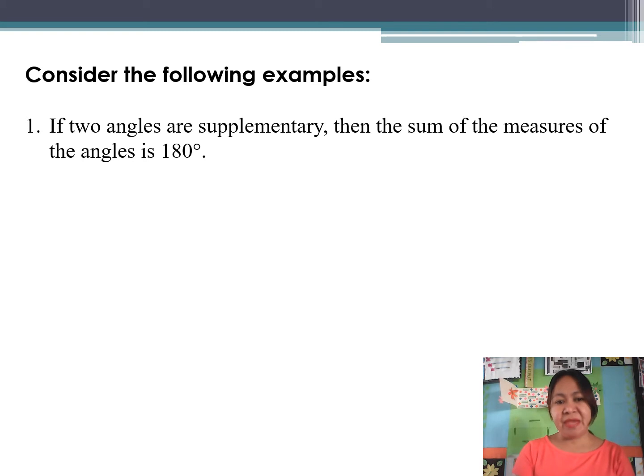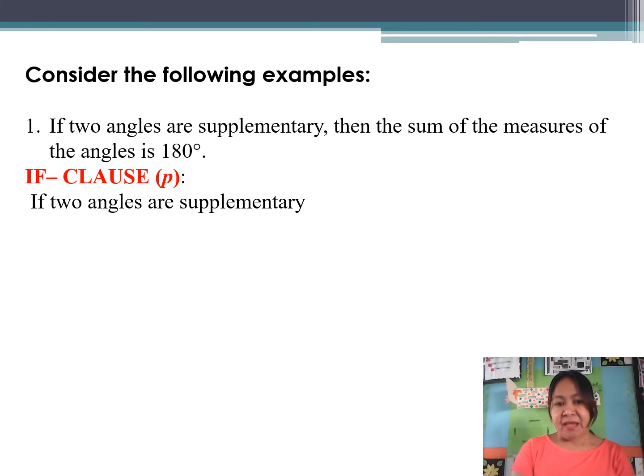I have here a conditional statement saying that if two angles are supplementary, then the sum of the measures of the angles is 180 degrees. Let's identify its parts. What is the if clause and what is the then clause? The if clause, or the P part, is: if two angles are supplementary.